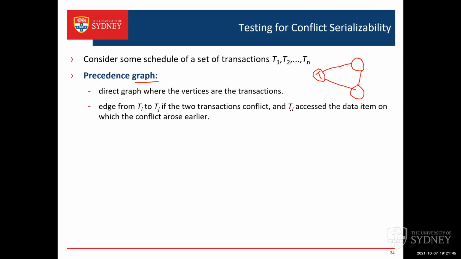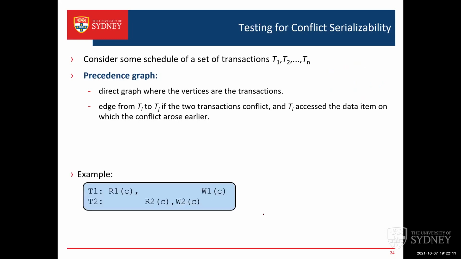That's what is written here: a directed graph where vertices are the transactions, so T1, T2, T3, and the edges will be the connections between them, showing which one I need to perform first and which second. That's what we are going to draw, and that graph is known as a precedence graph. Very easy to draw.